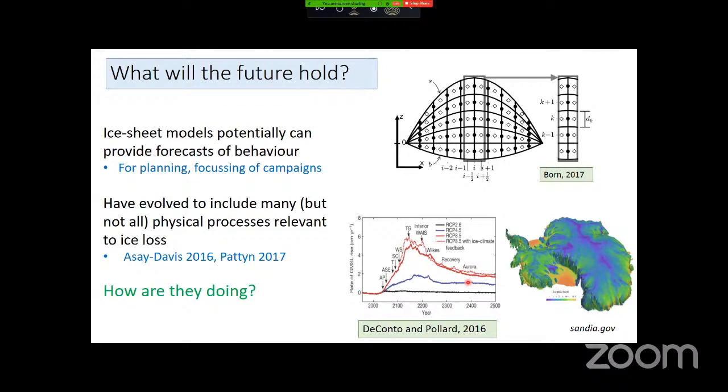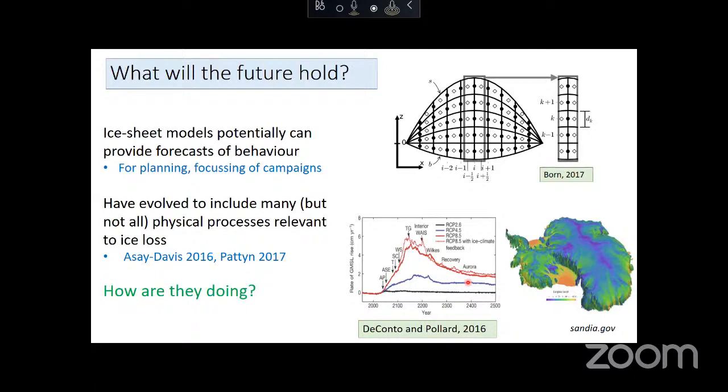So we kind of have to use numerical models to even get our head around what's going to happen in the future under different climate change scenarios. And ice sheet models present a possible way to do this, not a definite way. They have evolved over the past several decades to include many, but I wouldn't say all, physical processes that are relevant to ice loss.